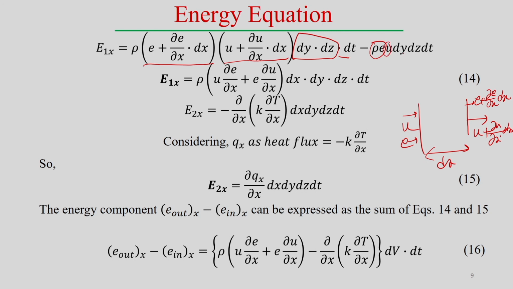Similarly, u was the initial velocity, dy dz was the area and dt was the time. The same kind of exercise we can do for what is the exit and what is the input, because we are considering this energy because of the fluid motion. Now, if we manipulate all this, we can reach an expression: dx dy dz into dt and rho u del E by del x, and from the manipulation we can get this kind of expression.